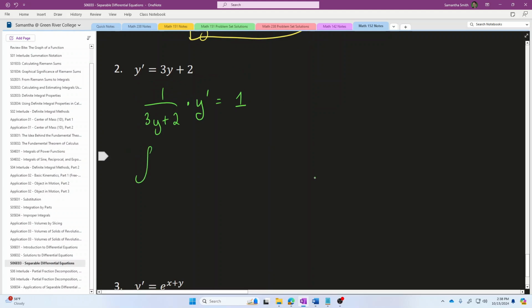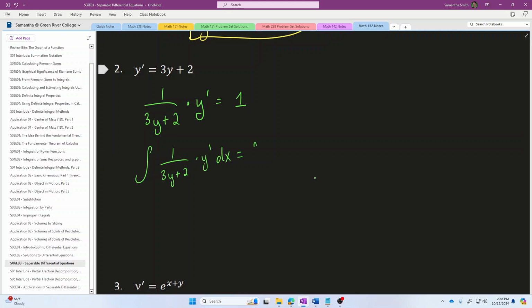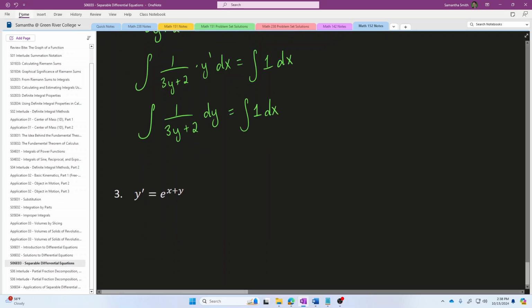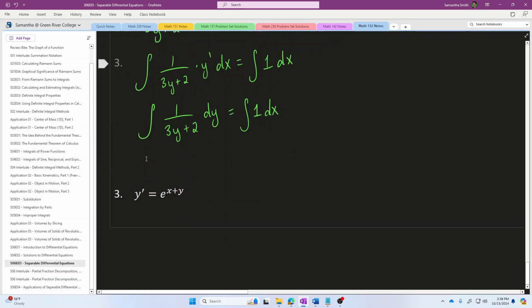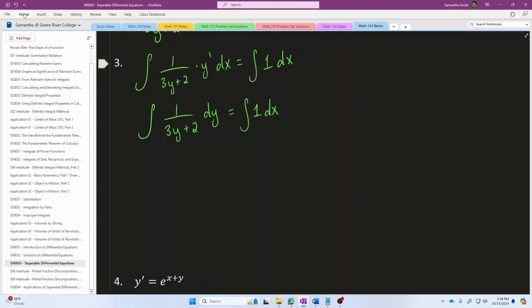And I'll integrate both sides of this equation with respect to x. And I will simplify y prime dx to dy. And then sure enough, what I have here is an equation on the left, an integral which contains only y's, and on the right, an integral which contains only x's.